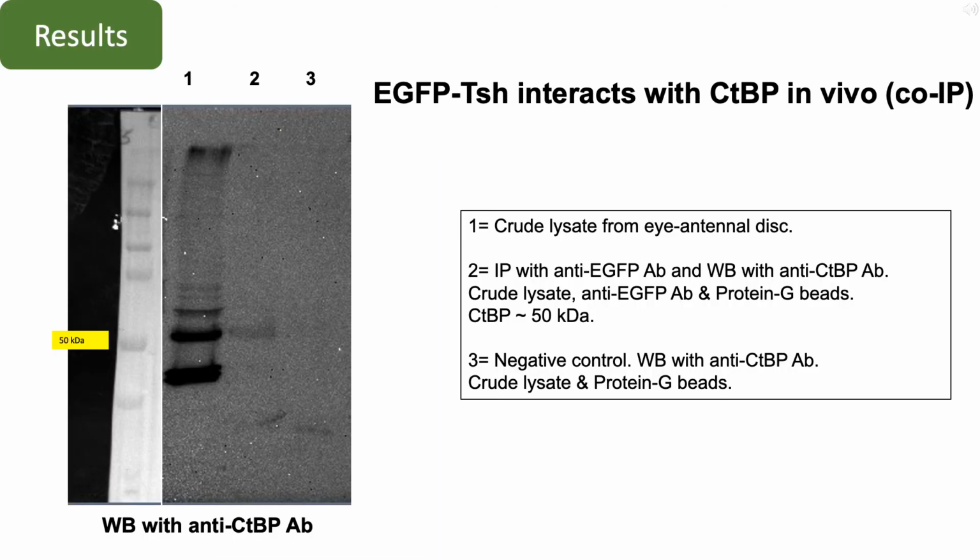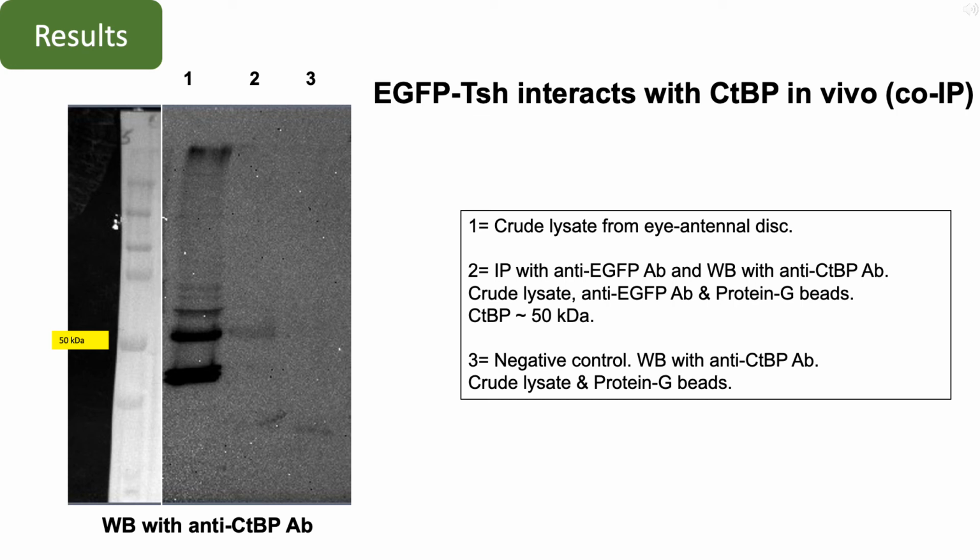So now we're going to go ahead and take a look at the Western blot analyses of the co-immunoprecipitations that showed the physical interaction in vivo of t-shirt with CtBP. However, this Western blot is using an anti-CtBP antibody instead of an anti-GFP. And so we can see in this first column that this is just the crude lysate of the antennal discs.